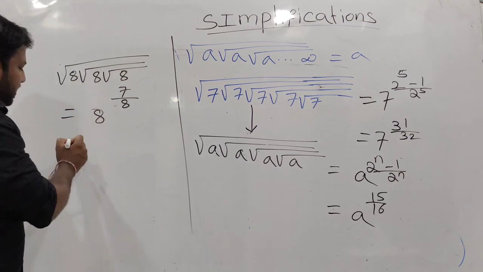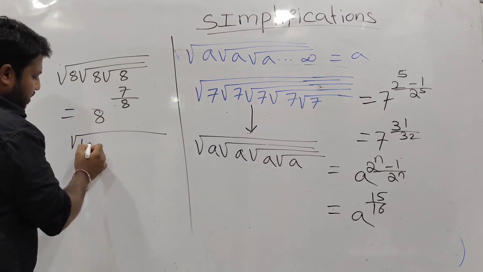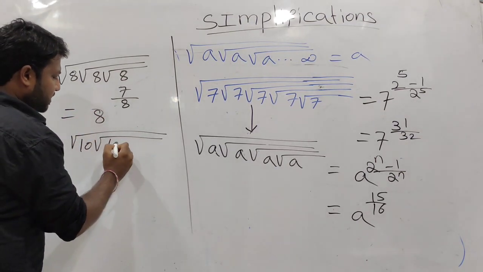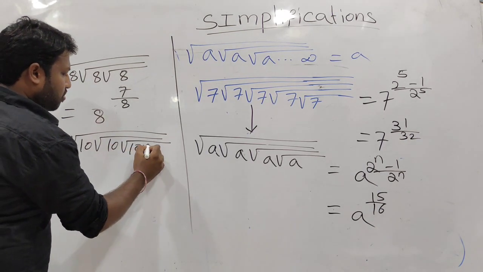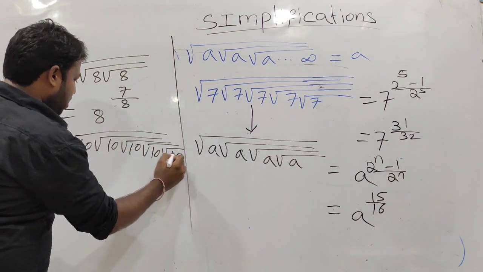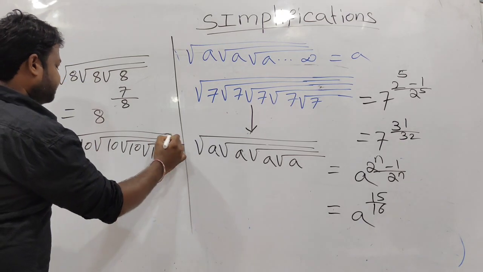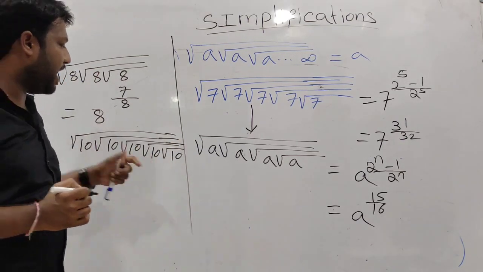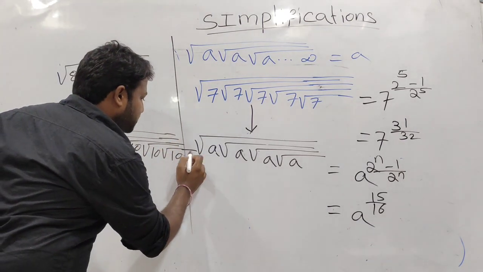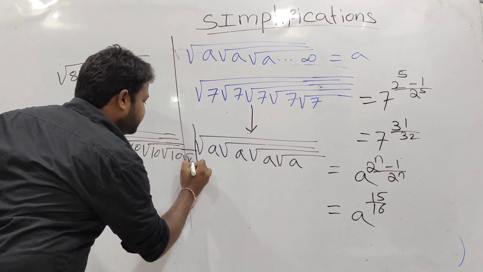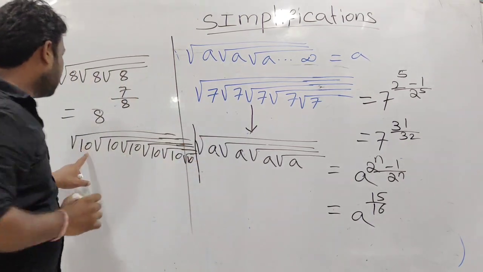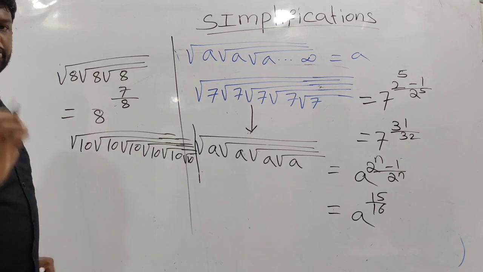Suppose I have given a question like this: 10 to the root 10, how many terms are there? Let us say 1, 2, 3, 4, 5. I have taken one more term also, root 10. Now 1, 2, 3, 4, 5, 6. 6 terms I have taken.